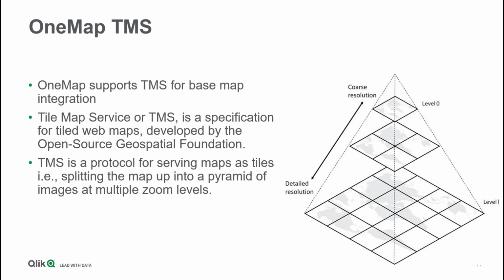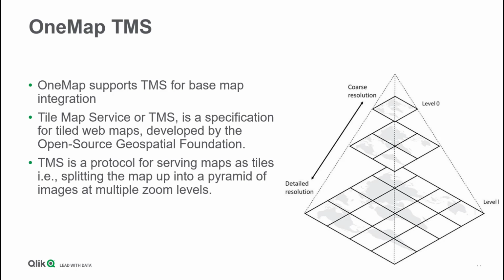TMS is a protocol for serving maps as tiles, i.e. splitting the map up into a pyramid of images at multiple zoom levels. As you can see in the illustration on the right, different zoom levels will have different image tiles for the map representation. A TMS administrator needs to ensure that the tiles are pre-generated and saved for different zoom levels.